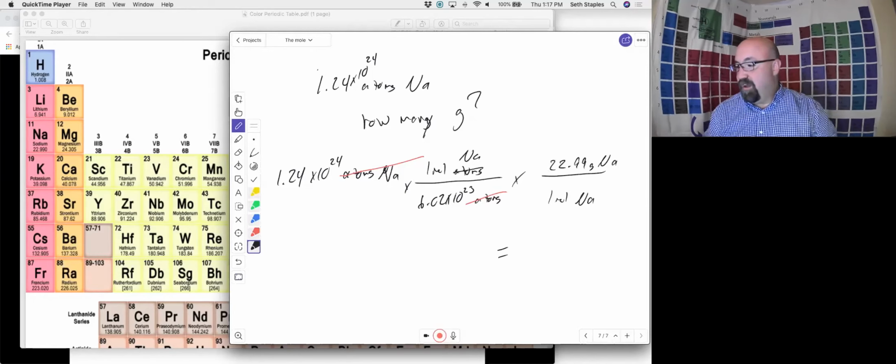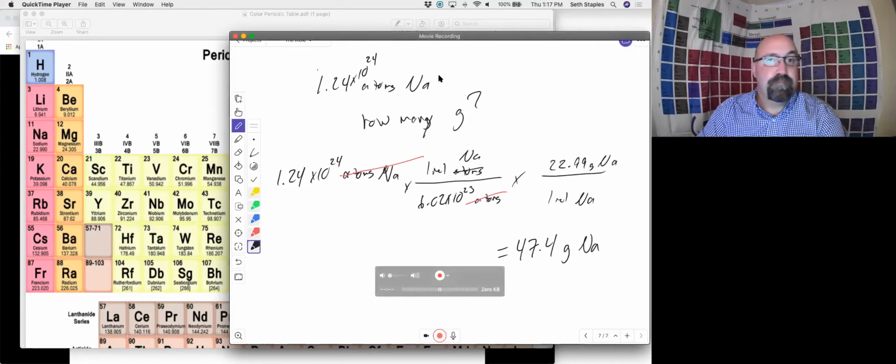And so now we can just plug all of that into our calculator. 1.24 times 10 to the 24th divided by 6.02 times 10 to the 23rd times 22.99, and we get 47.4 grams of sodium. We're just using these as conversion factors.